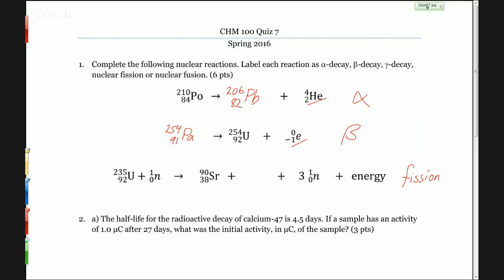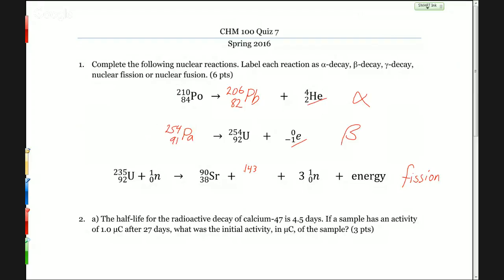So we have to add all this up. 235 plus 1 on the left is 236 total. On the right, we've got 90 plus 3 for the 3 neutrons, which is 93. So 236 minus 93 is 143. And then the bottom number has to equal 92.